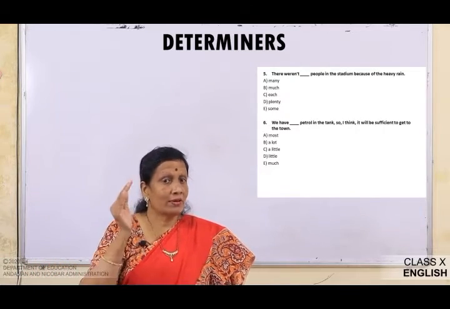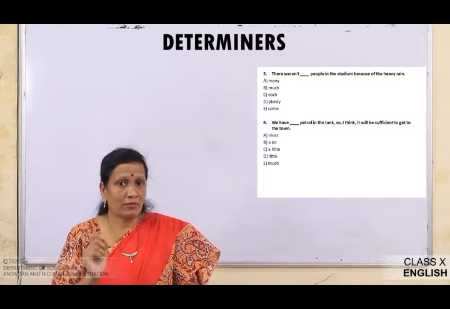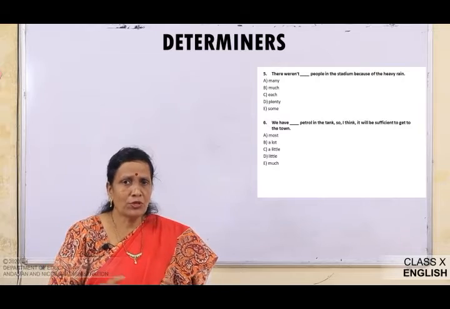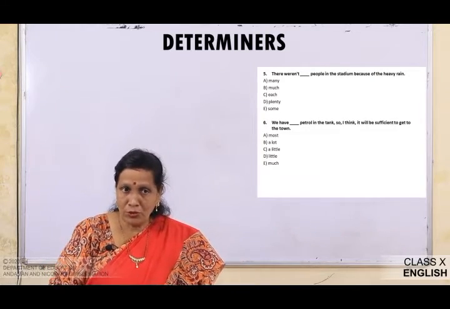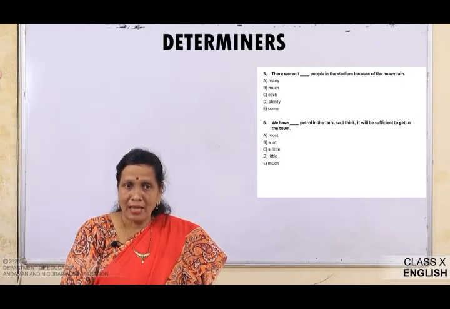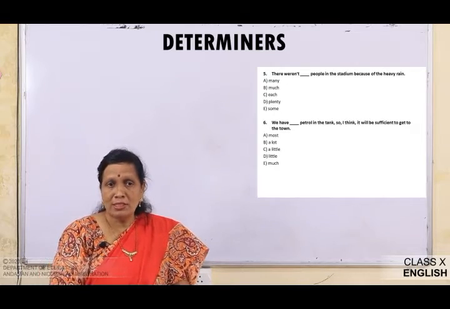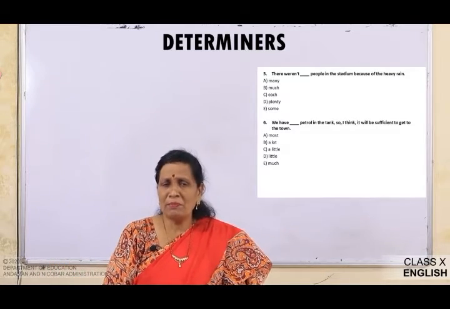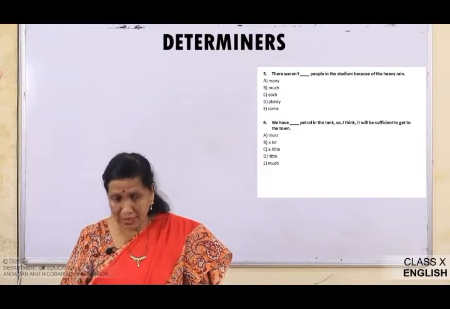So, there weren't many people in the stadium because of the heavy rain. We do not use much for people, and each also we do not use here, plenty also we do not use here, and some also will not be the option here. So, there weren't many people in the stadium because of the heavy rain.